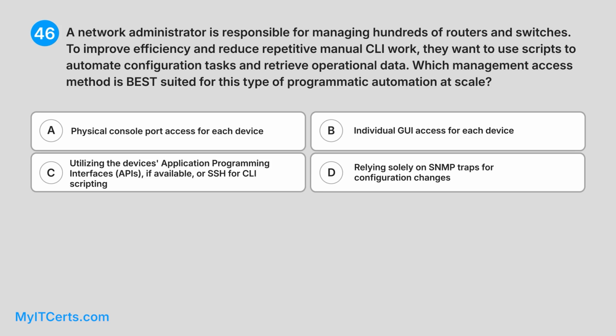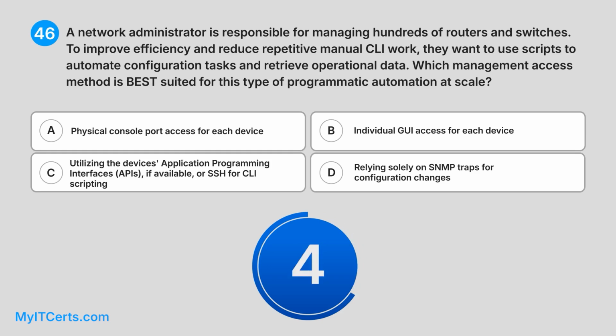A. Physical console port access for each device. B. Individual GUI access for each device. C. Utilizing the device's application programming interfaces, APIs, if available, or SSH for CLI scripting. D. Relying solely on SNMP traps for configuration changes. What do you think is the answer?